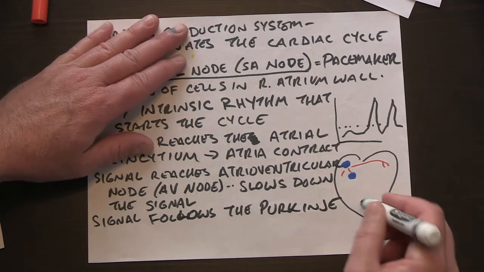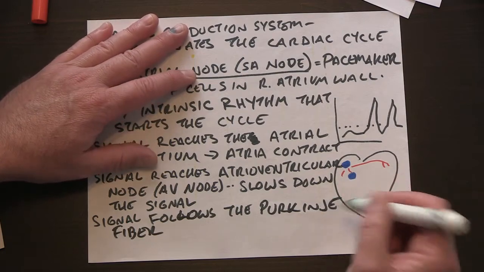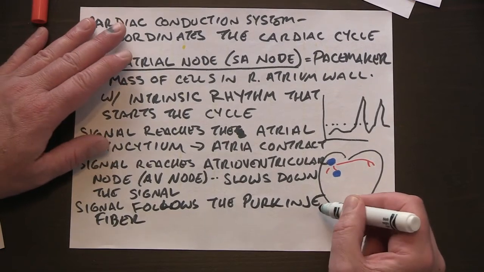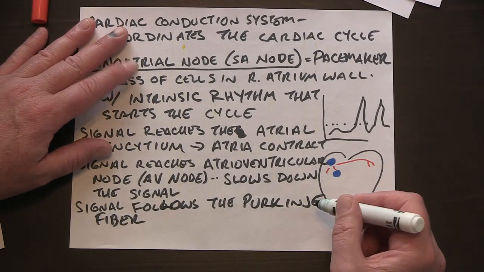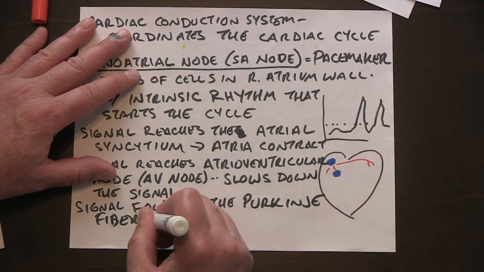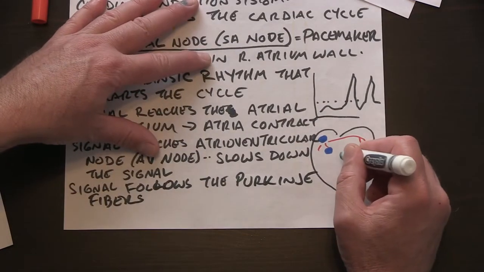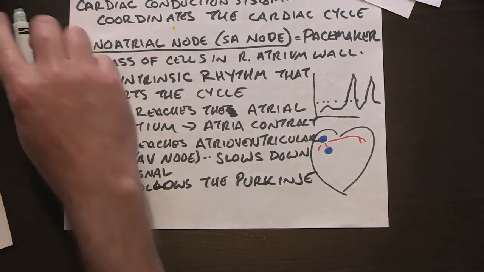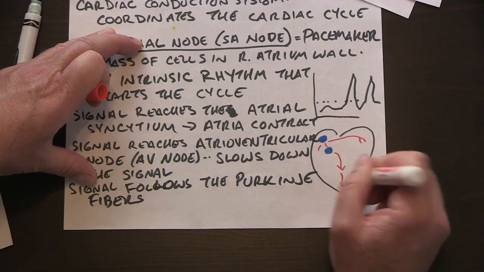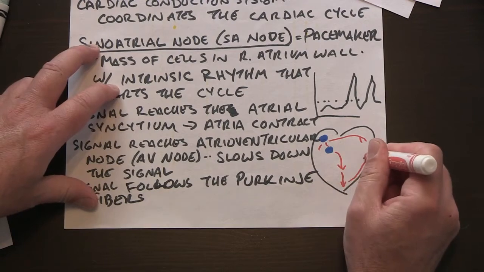I always assumed that Purkinje sounded like an Indian name, and was probably named after some Indian physiologist. Turns out it's actually a guy from, I think, Sweden or Denmark, so it's probably more like Purkinje. Anyway, this is in the atrioventricular septum, so the signals go down the atrioventricular septum, and then they go up the walls of the ventricle.